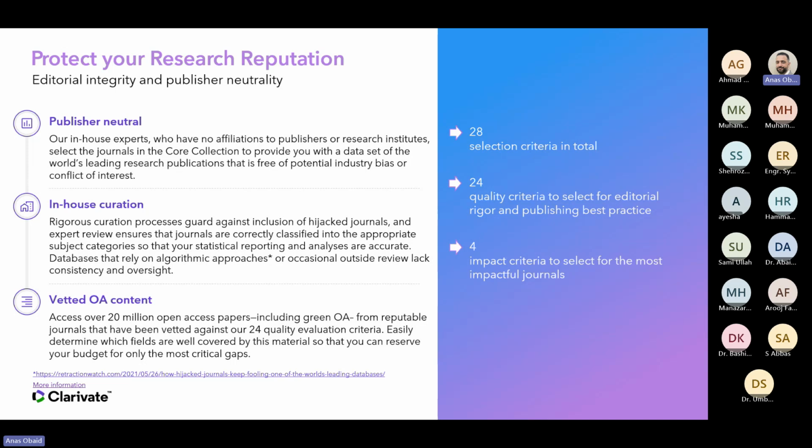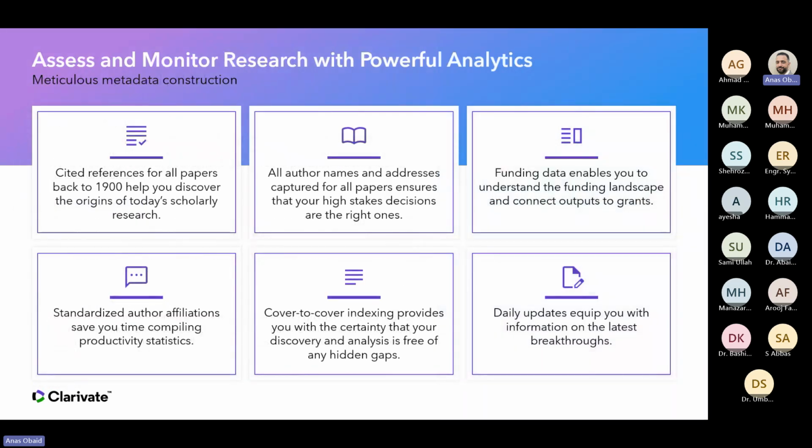When we index any journal, we will index it cover to cover. We will put all the details, all the affiliation information, all the author information, complete information, and make it available for you as a user. We keep updating the content every day. We keep monitoring the content.